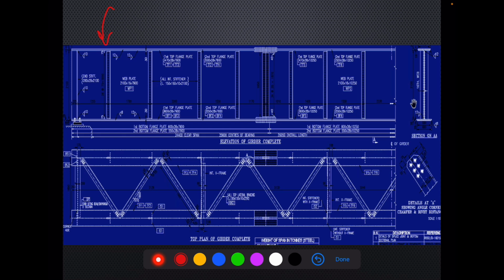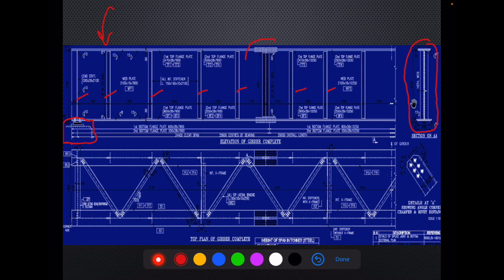As you can see, this is the support where the girder is resting over the bearing. This is the plate girder. This is the cross section of the plate girder. Then we have these stiffeners at various places.